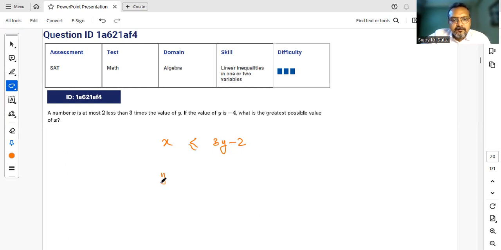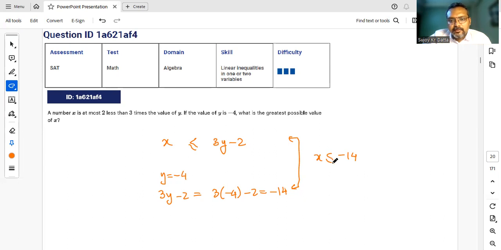Now they're saying that the value of Y is -4. So 3Y minus 2's value would become 3 times -4 minus 2. So that's -14. So what we have from these two is that X is less than or equal to -14.